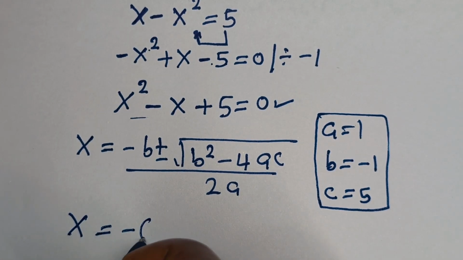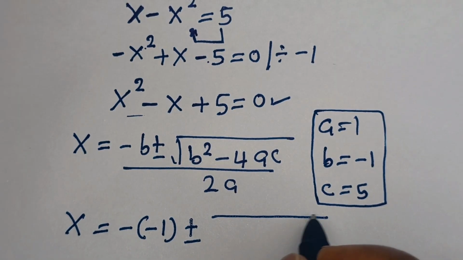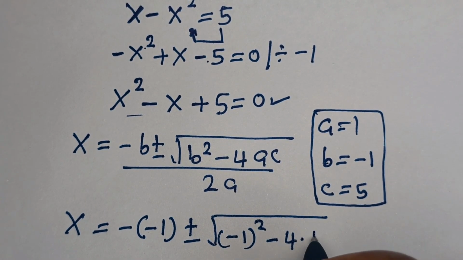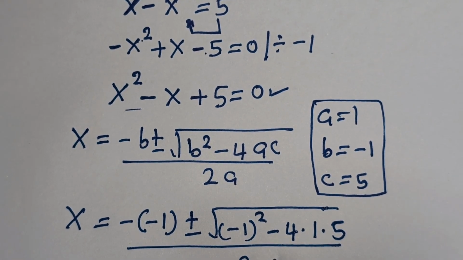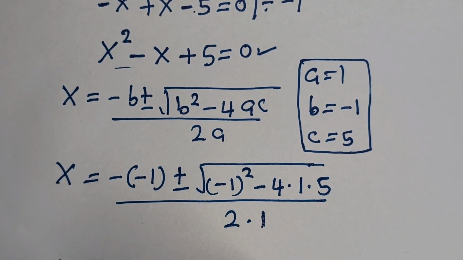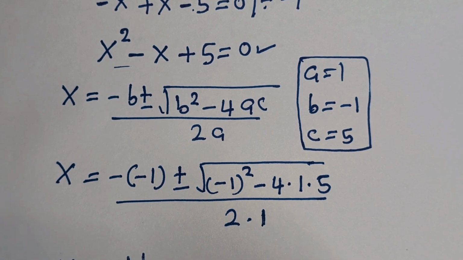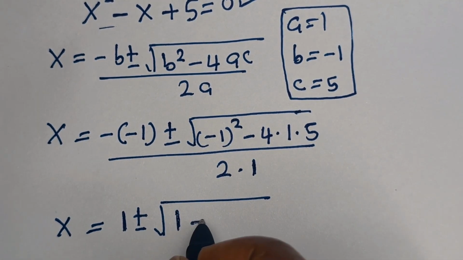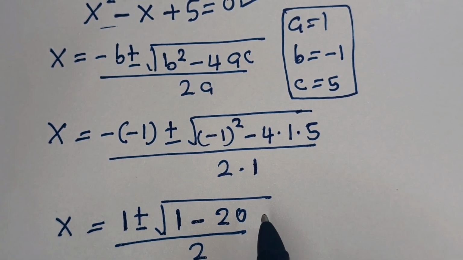s is equal to minus bracket minus 1 bracket plus or minus square root of minus 1 squared minus 4 multiplied by a, which is 1, multiplied by c, which is 5, over 2 multiplied by a, which is 1. s is equal to negative multiplied by negative 1, this is 1, plus or minus square root of negative 1 squared, that is 1, minus 4 multiplied by 1 multiplied by 5, that is negative 20, over 2 multiplied by 1, that is 2.